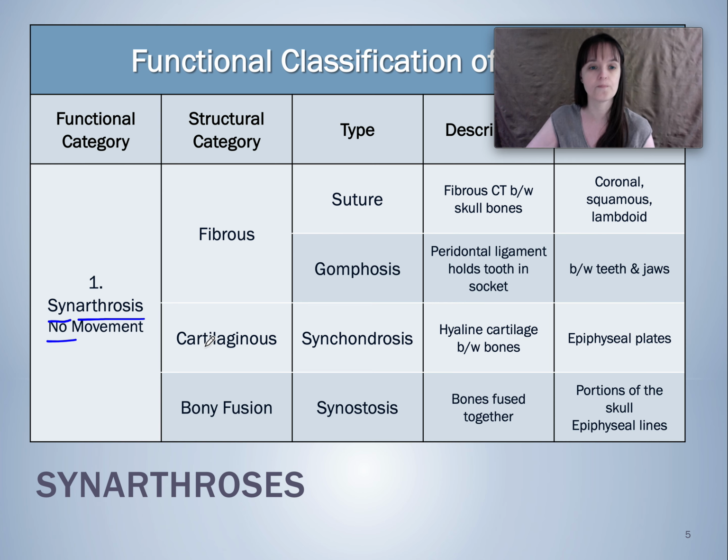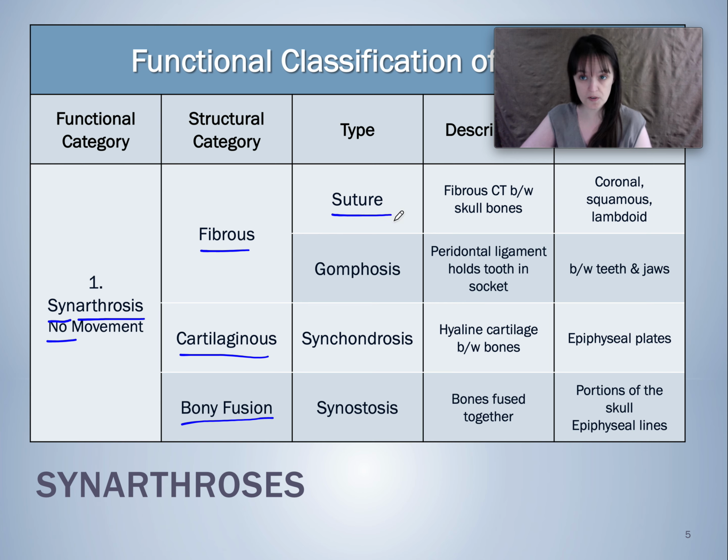Good girl. There are 3 different structural categories. Fibrous, which means it's held together by fibrous connective tissue. Cartilaginous, which means it's cartilage. And then bony fusion. First we have our sutures.